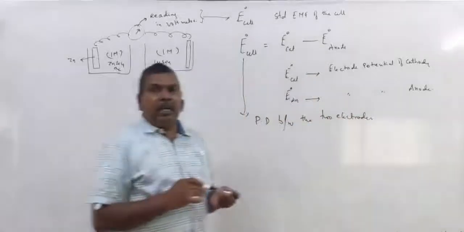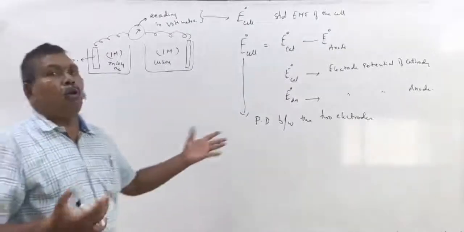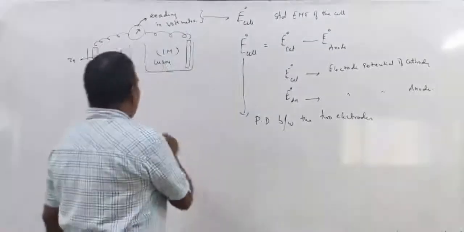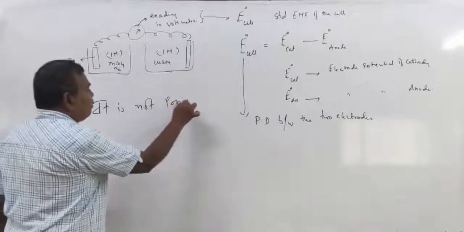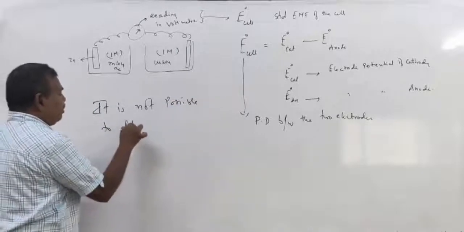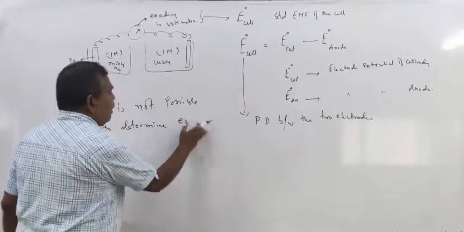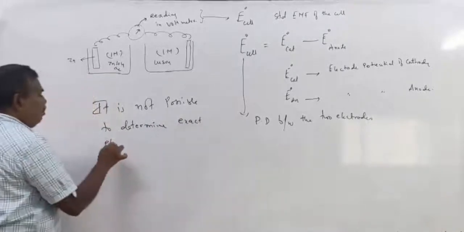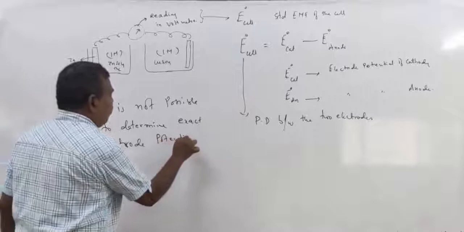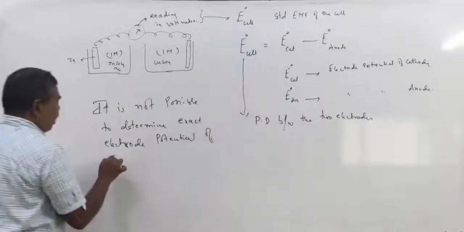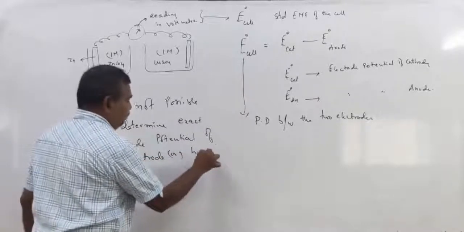So that means it is not possible for us to get the electrode potential value. It is not possible to determine the exact electrode potential of an electrode or half cell.